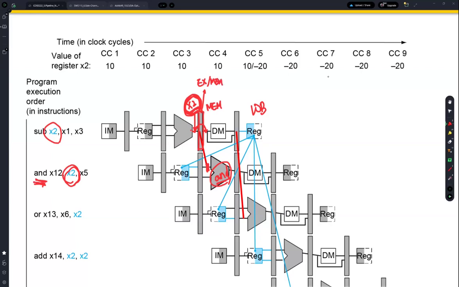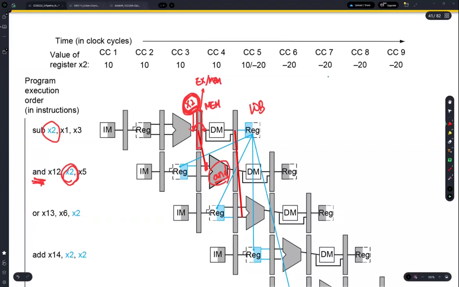So we can use the X2 value generated by this EX and memory pipeline register. So this can be forwarded to this ALU, right?